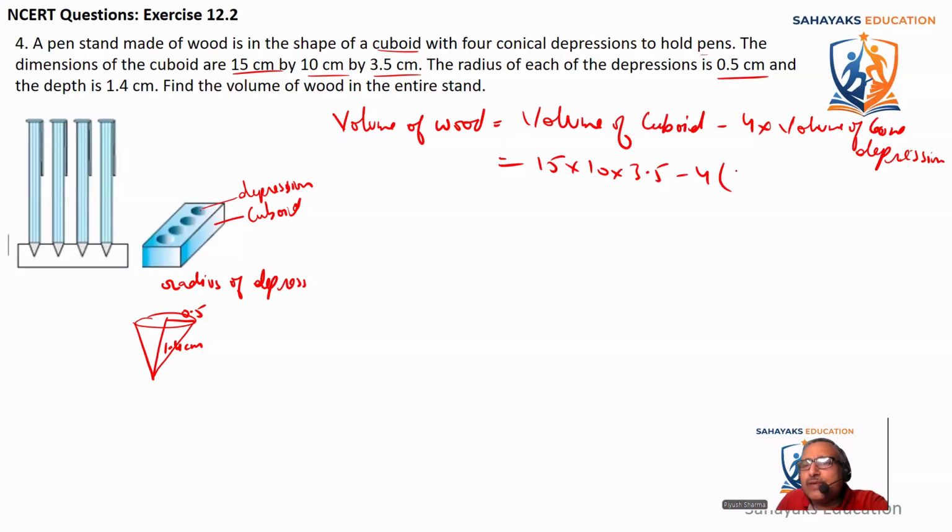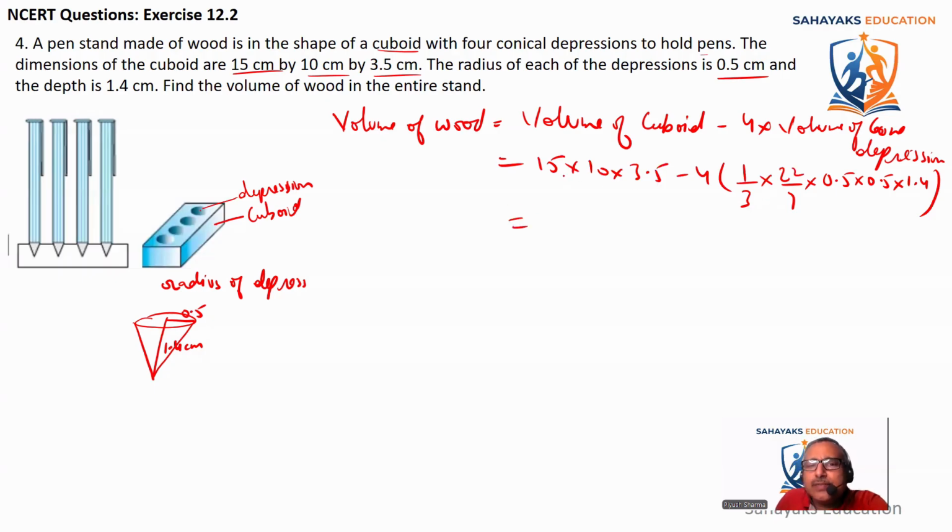What is the volume of one cone? It is 1 by 3 pi r square h. Pi I take as 22 by 7. R is 0.5 into 0.5 and height comes out to be 1.4. Simple computation, let's do it. 3 is not cutting anywhere.